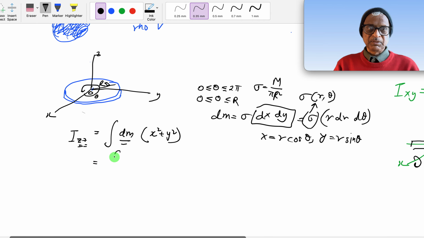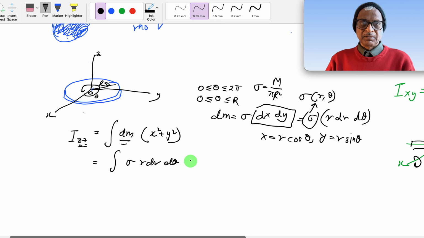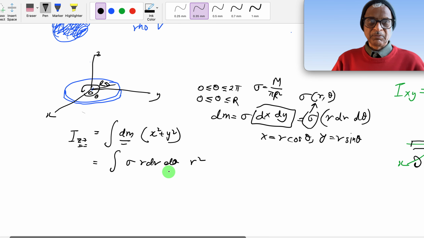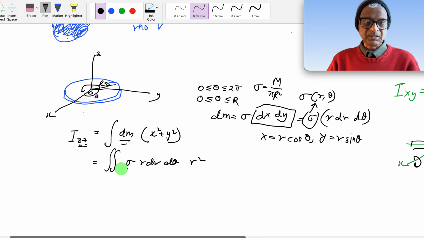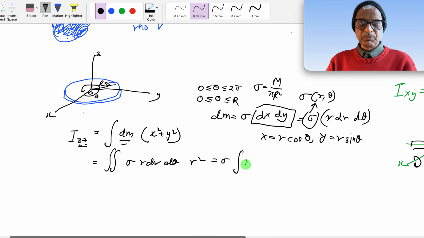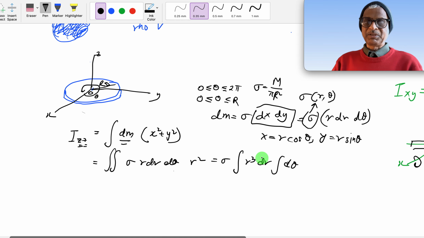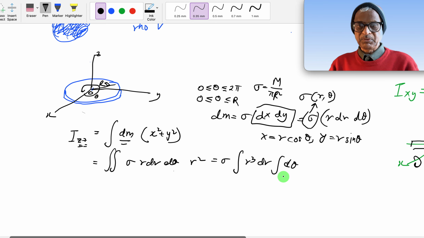So this is simply sigma r dr d theta times r square, and it's a double integral, so there's two integrals here. Sigma comes out, and then we have r cube, and it nicely separates out d theta. You don't have to do one integral and then bring it in to do the other. It's very simple. 0 to 2 pi and 0 to r, so all these integrals are very easy to do.